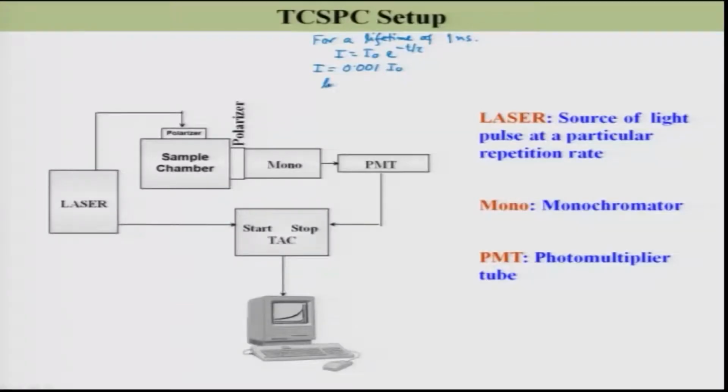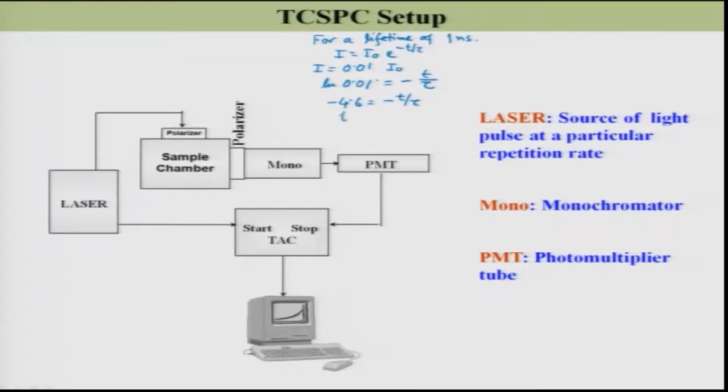In this case what I can do is ln 0.01, oh, 1% I said, so let me write 0.01. So, ln 0.01 is equal to minus t by tau. So, this will be equal to minus 4.6 equal to minus t by tau.